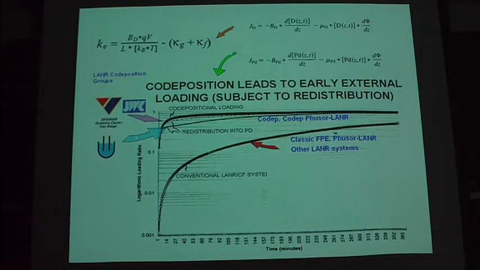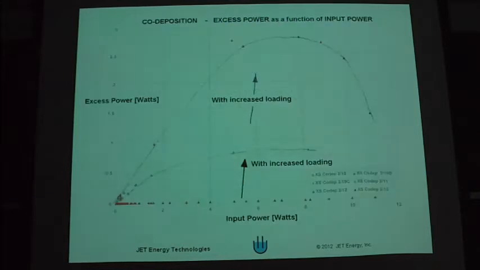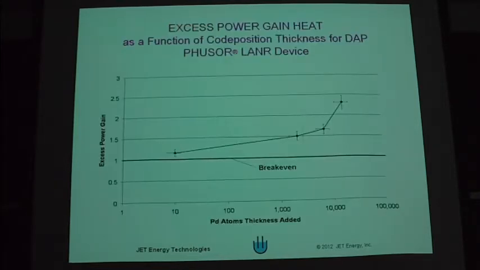The important point here is that there are three types of cold fusion. I mean, two co-deposition variants and classical cold fusion without. This is a calculated thickness of the co-deposition layer, and the measured energy gain.